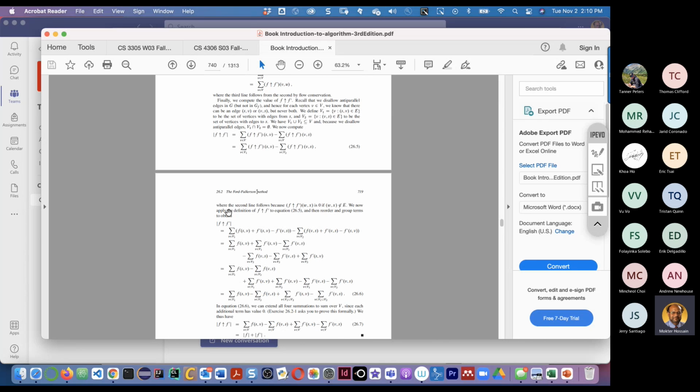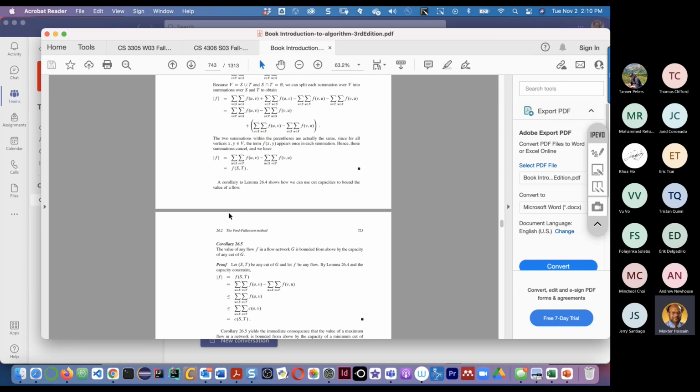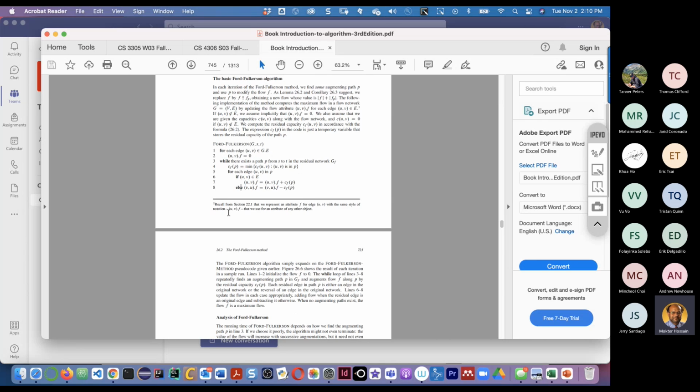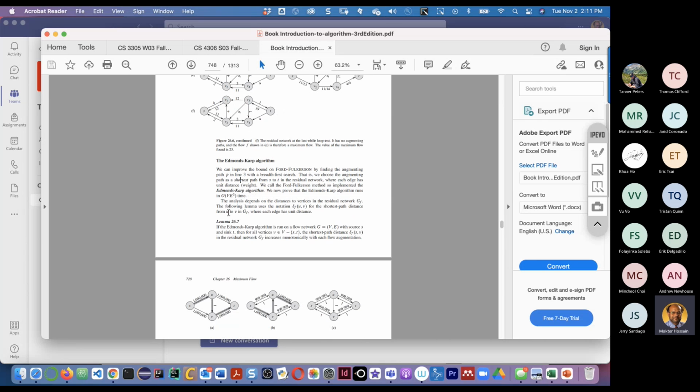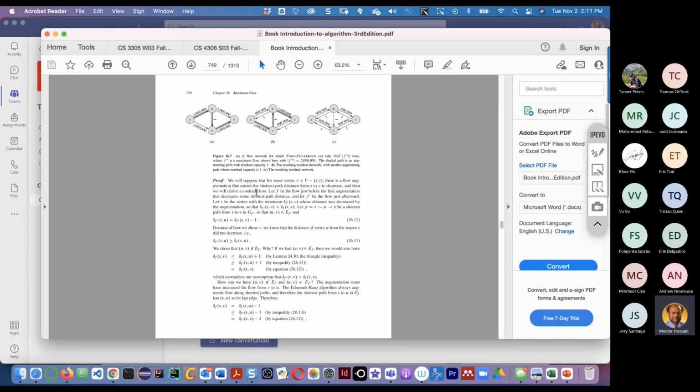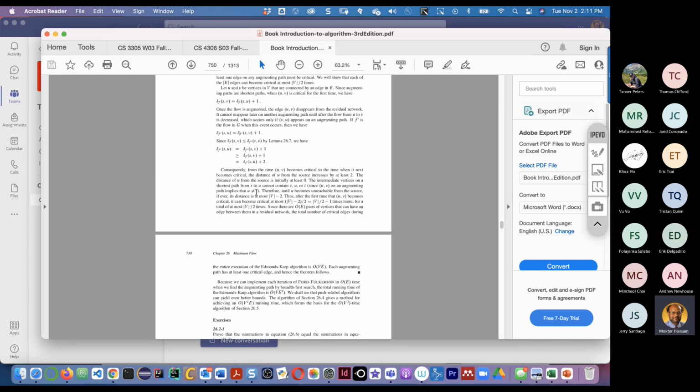This is a pretty simple algorithm. There are two algorithms actually, Ford-Fulkerson and then Edmonds-Karp algorithm. So we can cover only one, we can skip this one.